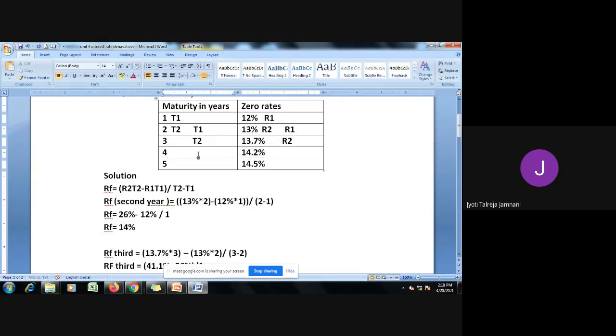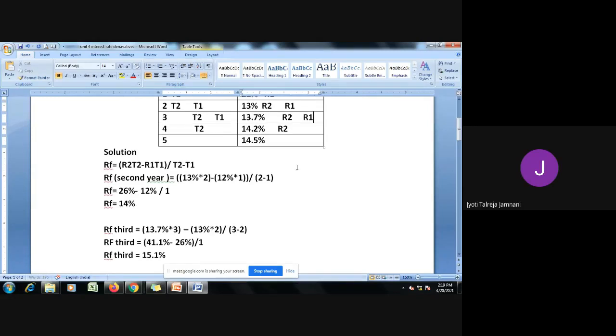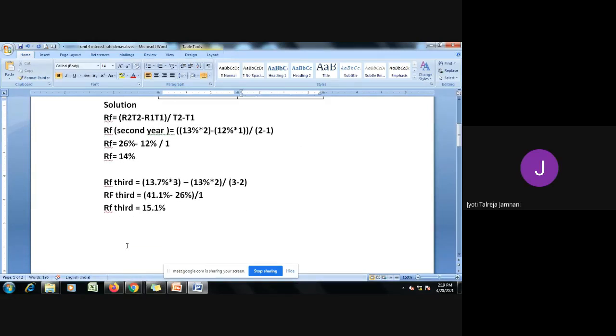Now for the fourth year, any doubts? The fourth year is T2 and the third year will become T1. And here the fourth year is R2 and the third year will become R1. So now we have to find RF for the fourth year.